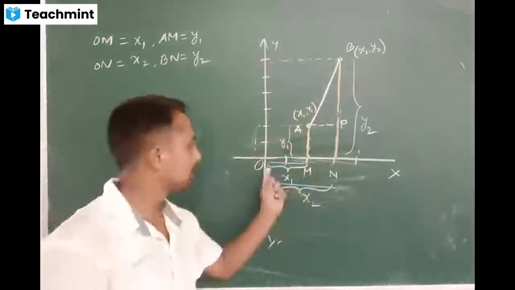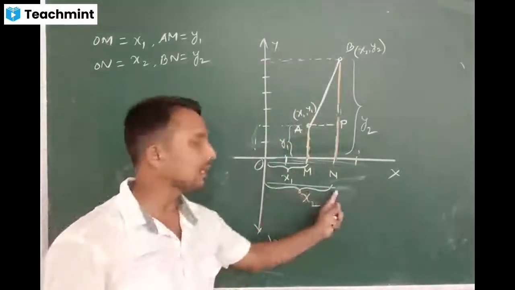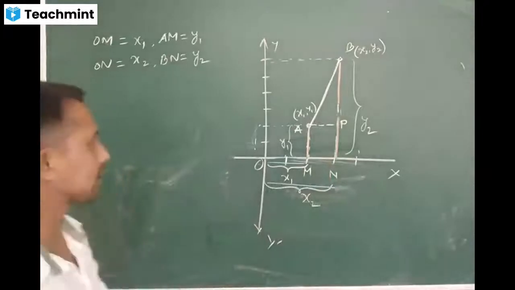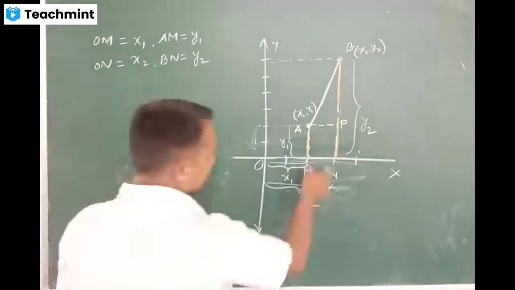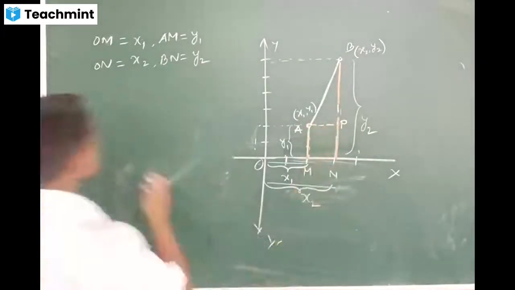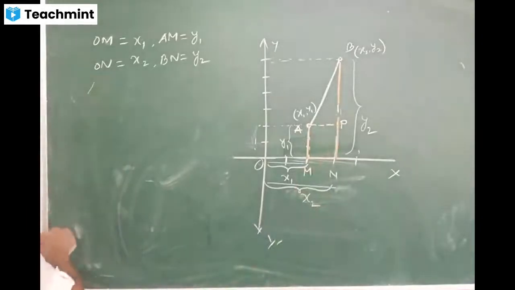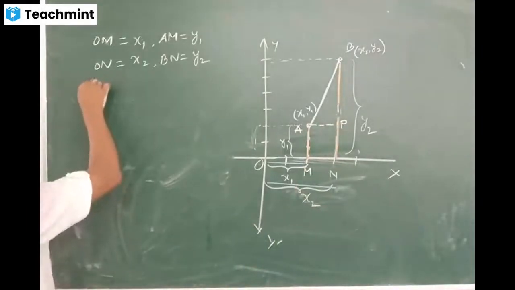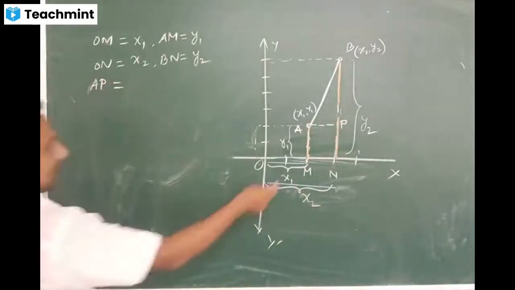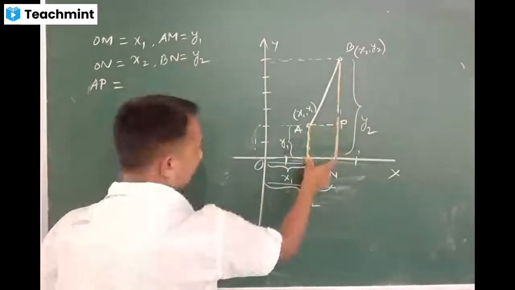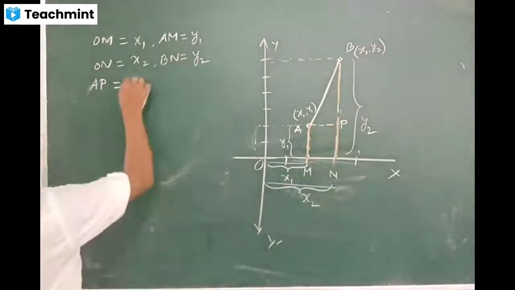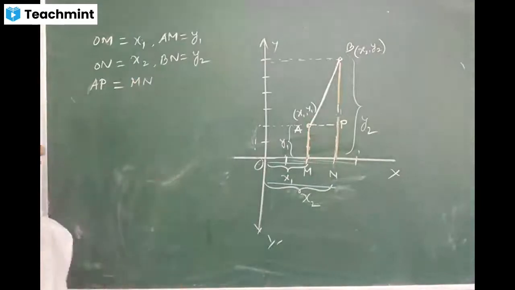Now, if we need to find the length AP, then AP is equal to MN.